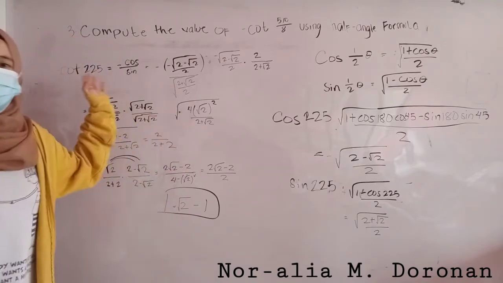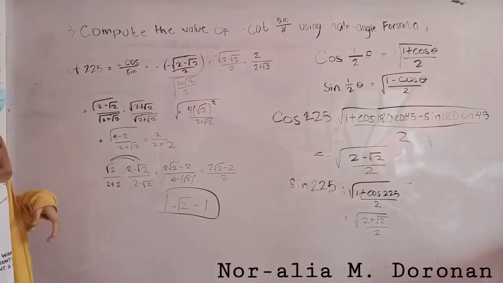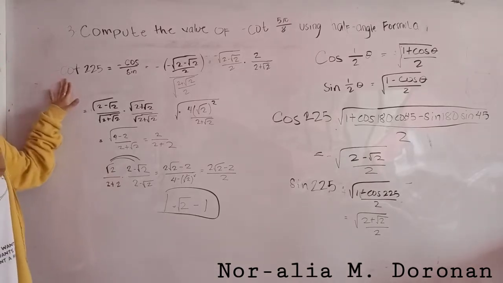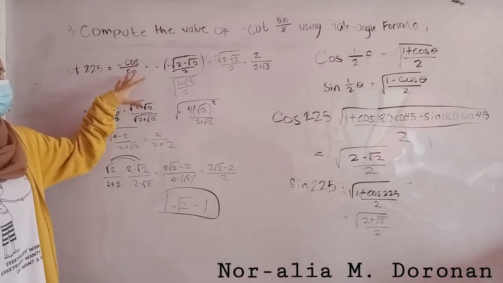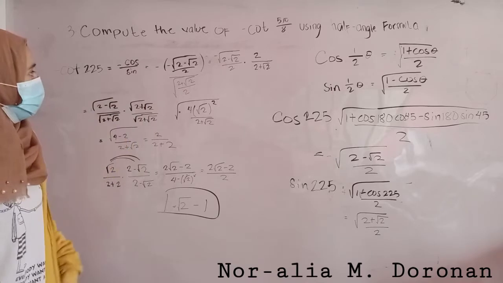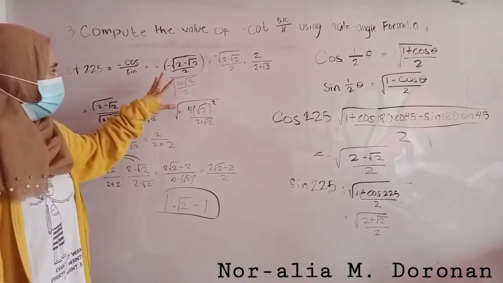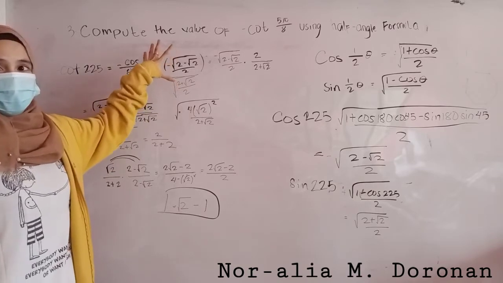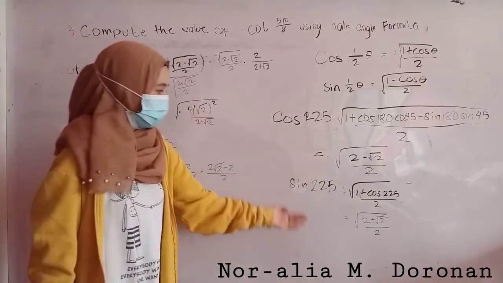So let's solve the final solution. Negative cot of 225 equals negative cos over sine. So how did we get this cos and sine?